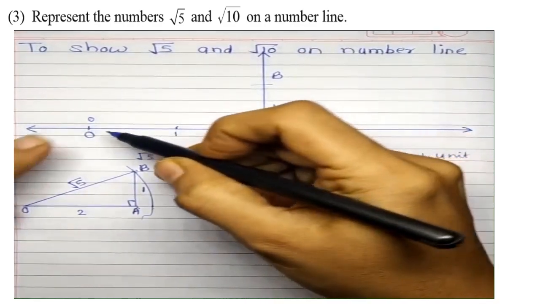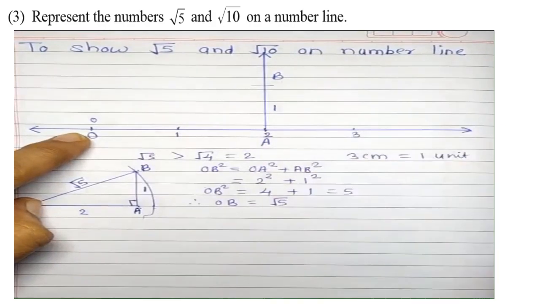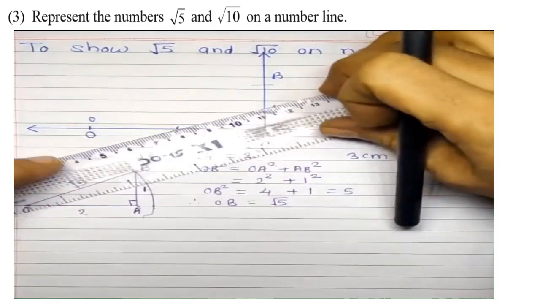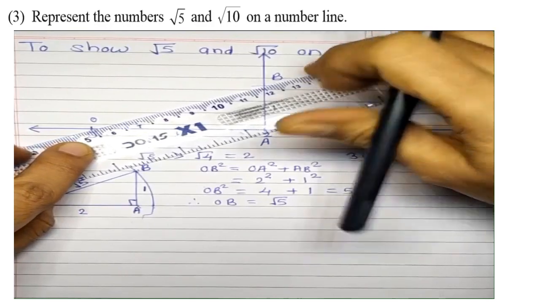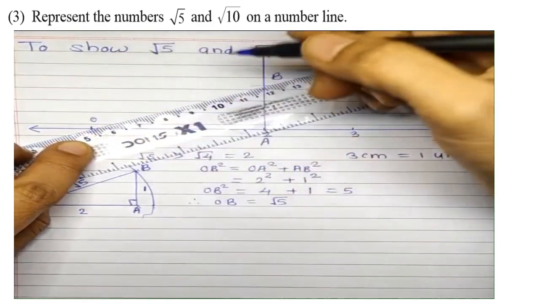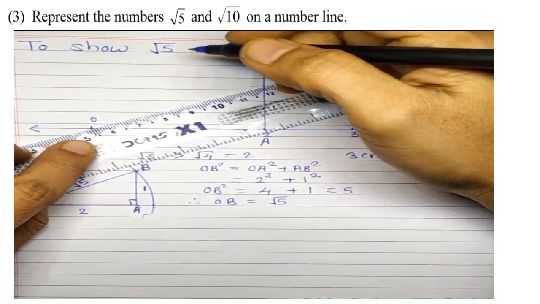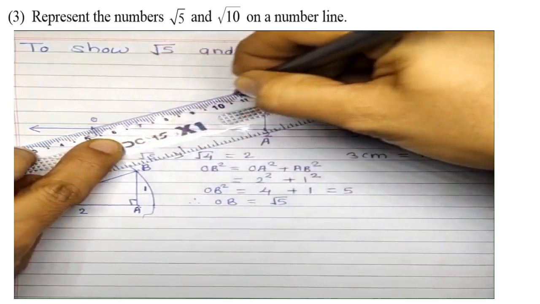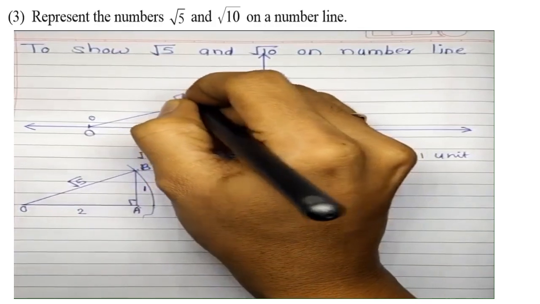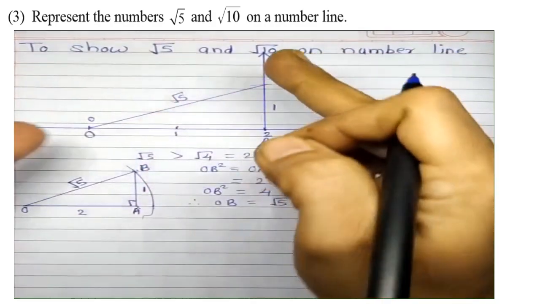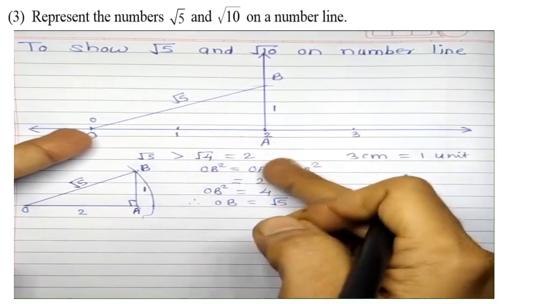Now, when I will join OB, that OB is root 5. I have explained you how it is root 5. Correct? So I will join this OB and that will give me root 5. I will write here. This distance is root 5. But this distance now I want on number line.